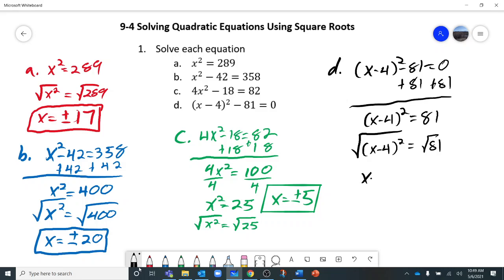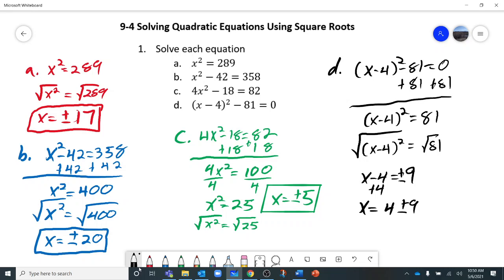And that leaves us with x minus 4 equals the square root of 81, which is 9. Actually, it's plus or minus 9. Okay, it's important not to forget that. We're going to add 4 to both sides, and we get x equals 4 plus or minus 9. Okay, so that's how we're going to get our two answers.